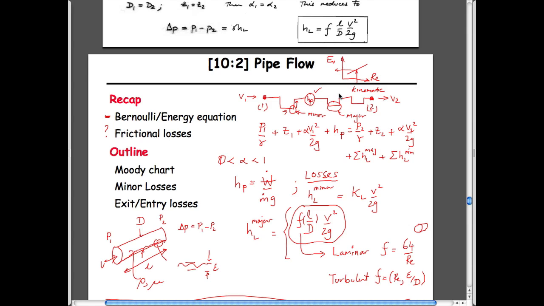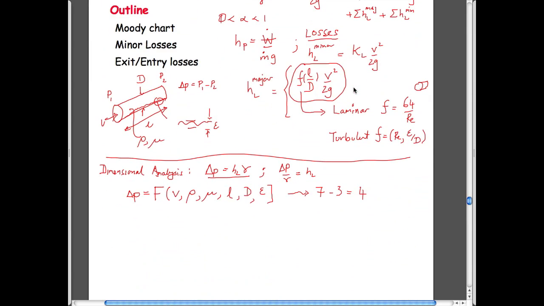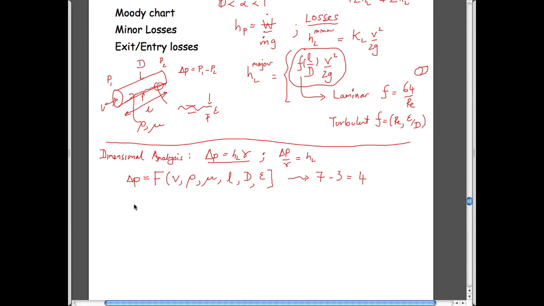We could use that to say something about our behavior. Let's assume that Reynolds number and Euler number are the correct ones, and so we could write this just using those.